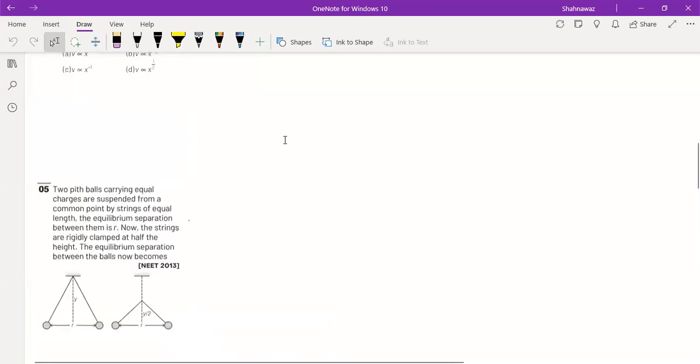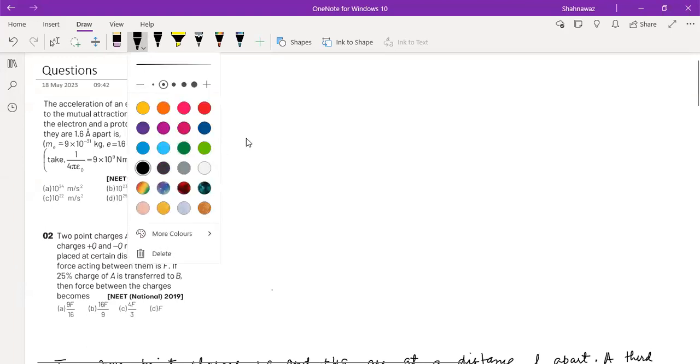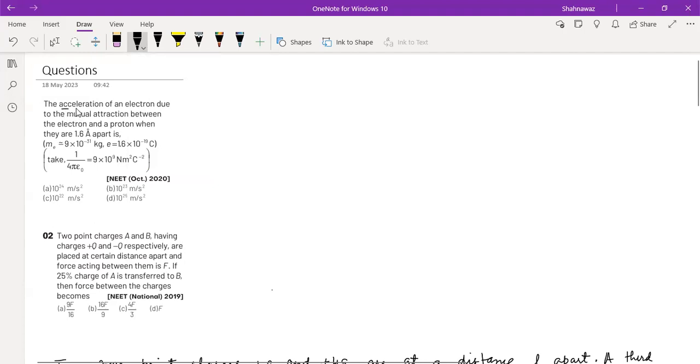So this is the first question. You have the acceleration of an electron due to the mutual attraction between the electron and proton.